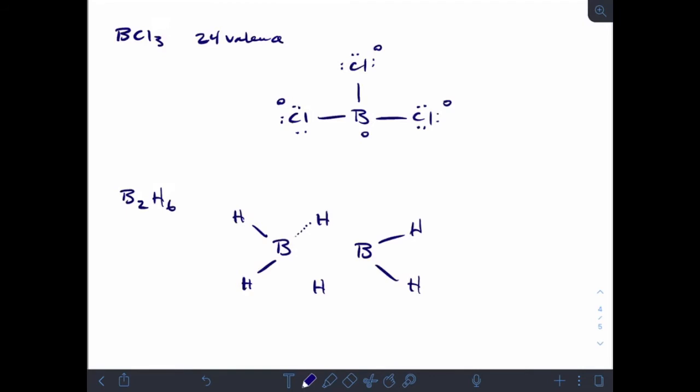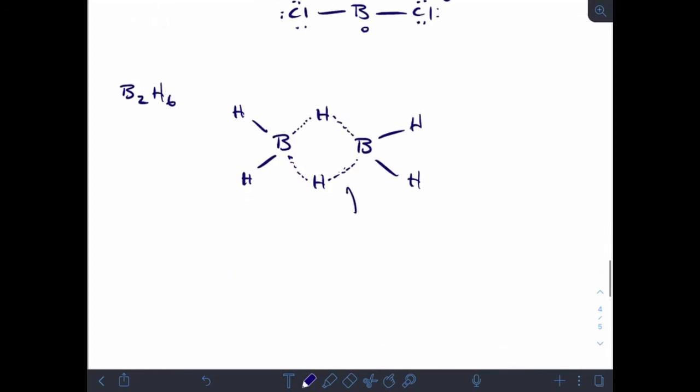What it does is it has partial bonds with those extra hydrogens. So each of those is 1/2 of a bond. Right, so we get a total of 3 bonds for each boron.